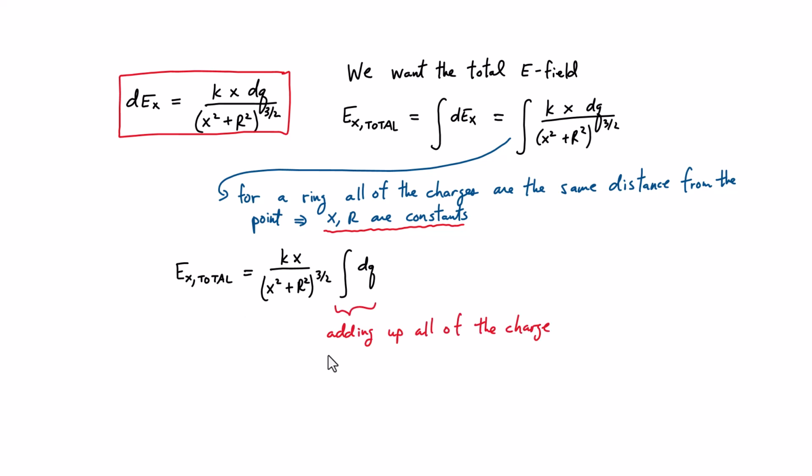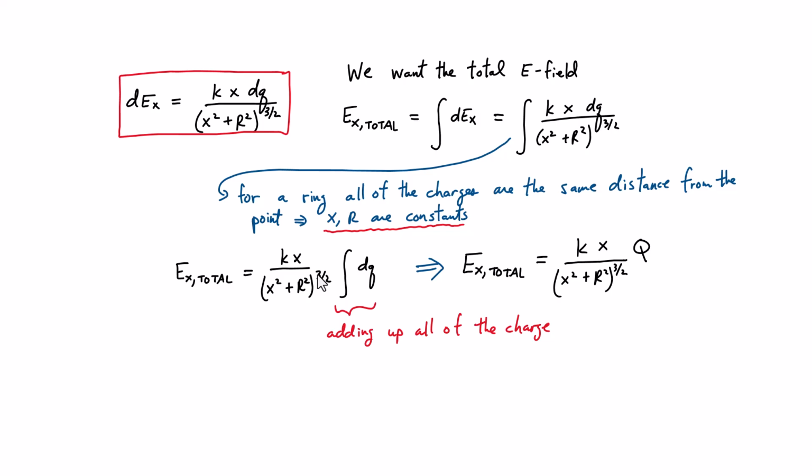All we are doing here is simply adding up all of the charges of the ring. That is what the integral of dq gives. So if you integrate that, you simply get our final expression, which is that the total x component of that field is kx multiplied by the total charge of the ring and divided by this distance term.